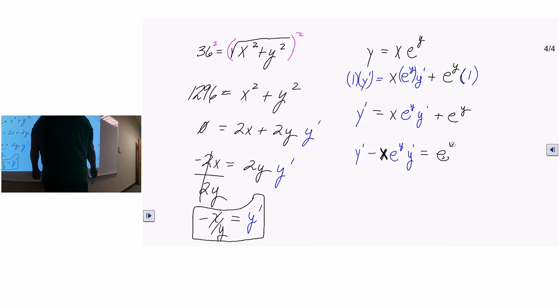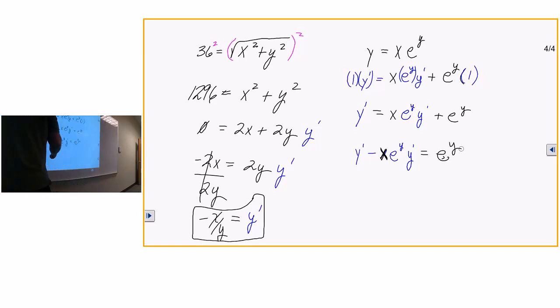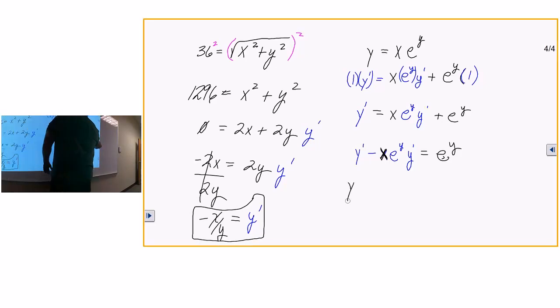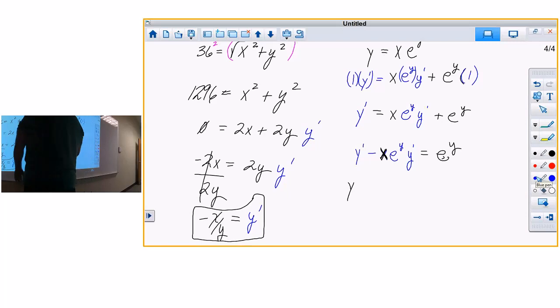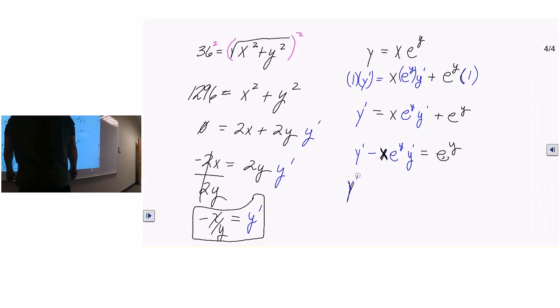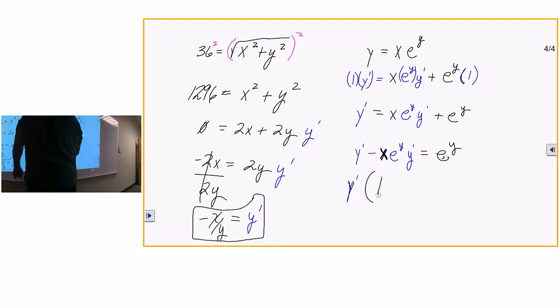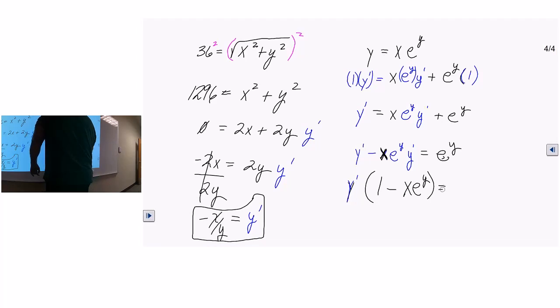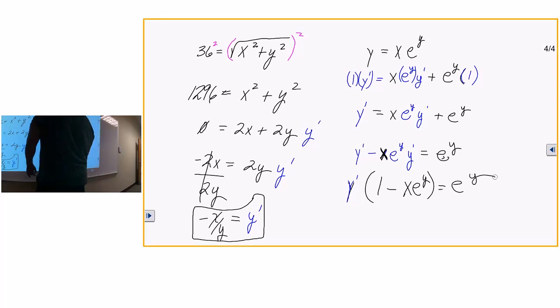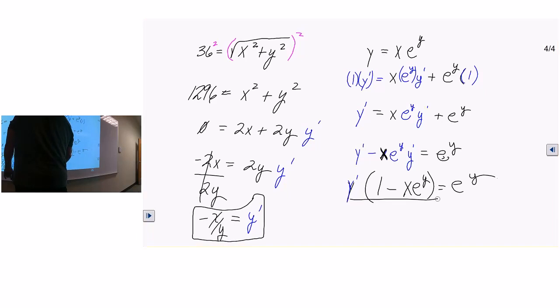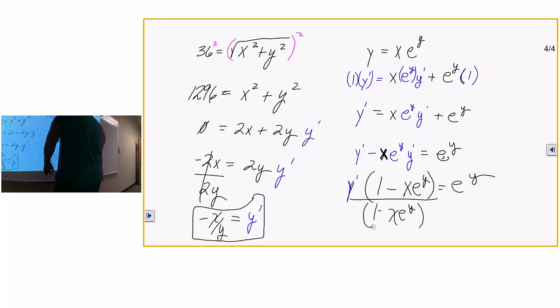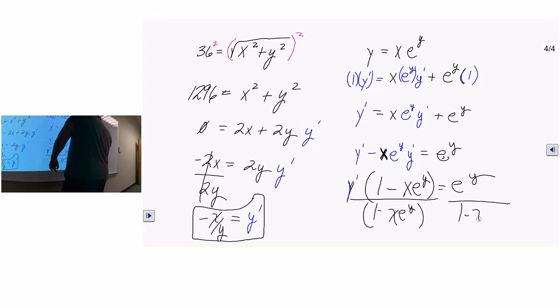And what do you do when you have this? Factor out the y prime: y prime times (1 minus x e to the y) is equal to e to the y, and of course divide by 1 minus x e to the y.